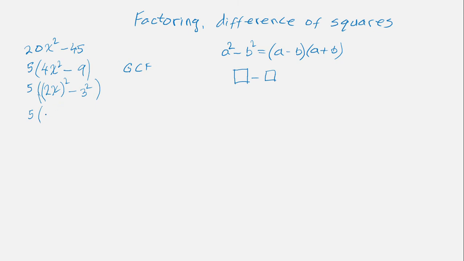It says first minus second, so it's 2x minus 3, and then times first plus second, so 2x plus 3 in our case.